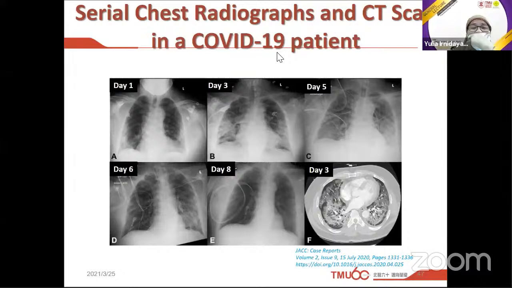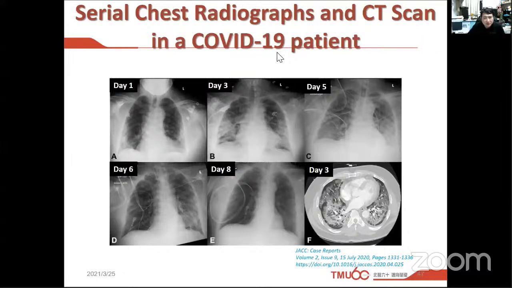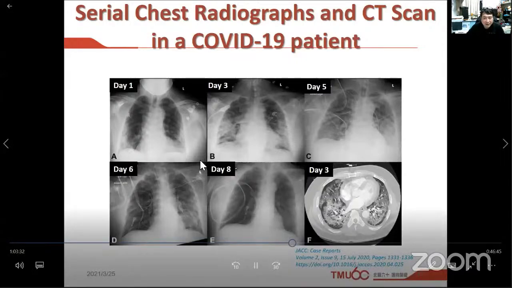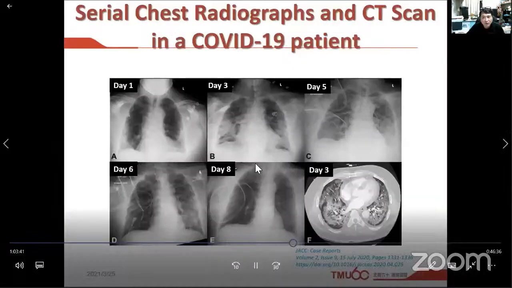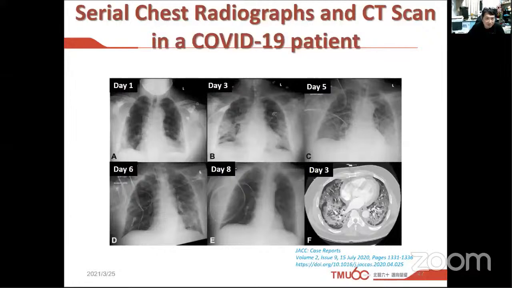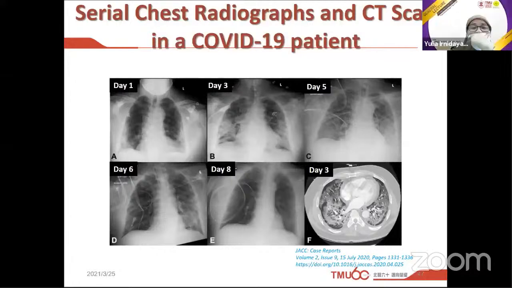Okay, this slide is very similar to the previous picture. This patient suffering COVID-19 also developed ARDS. Okay, you can see the progression. First they registered at the hospital, and later on you can see the lung opacity.